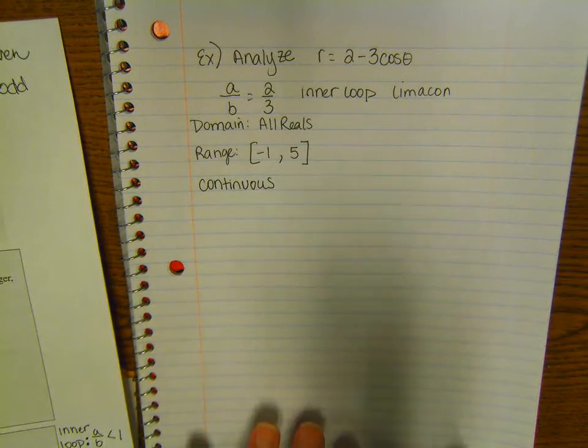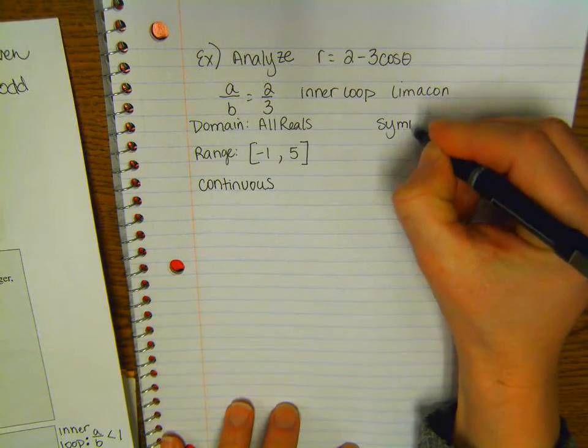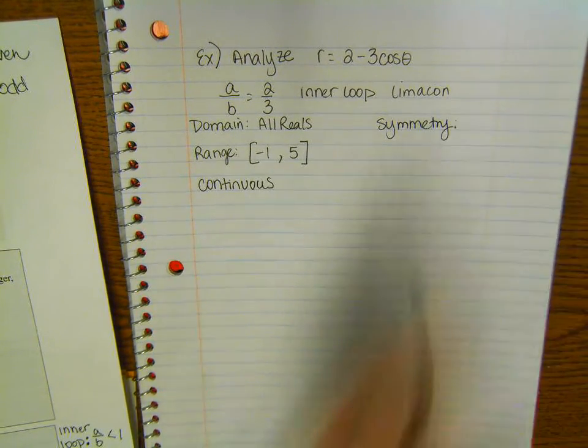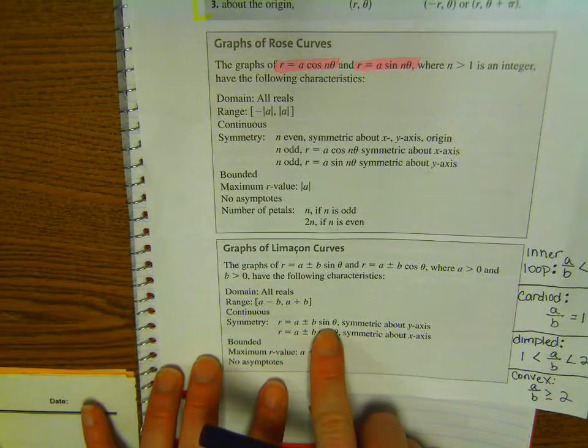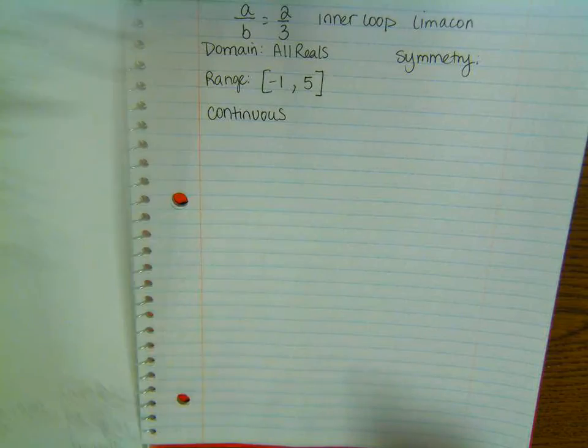What kind of symmetry does this have? I know you can see from the graph, probably, right? But also it says if this is a sine, it's y-axis. If this is a cosine, it's going to be x-axis.